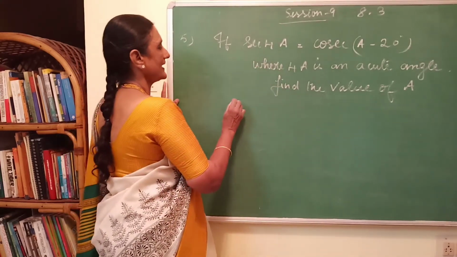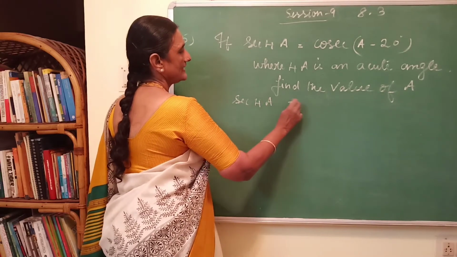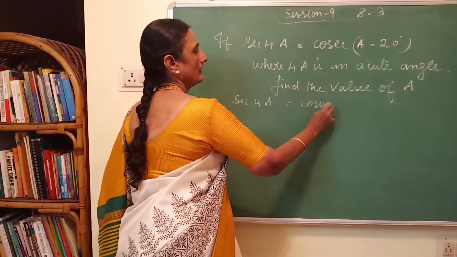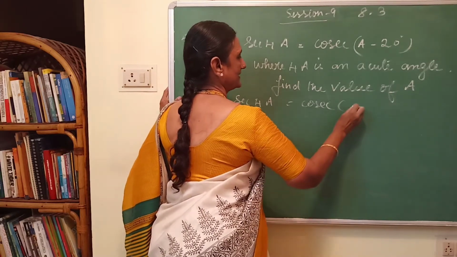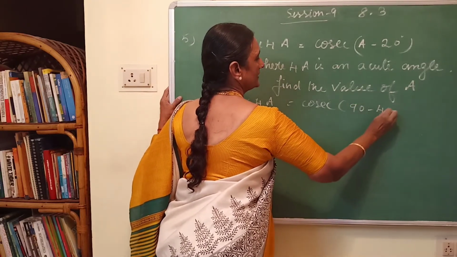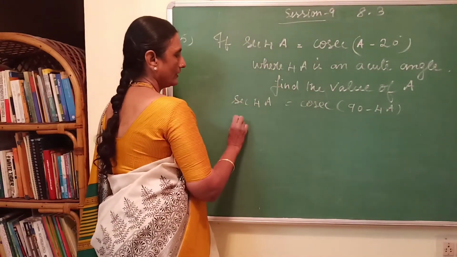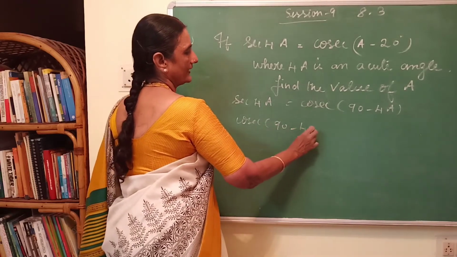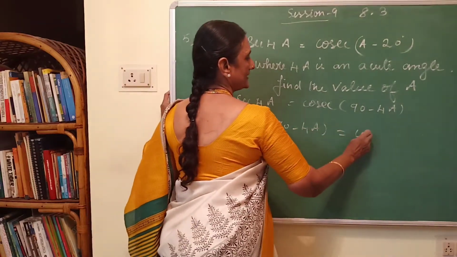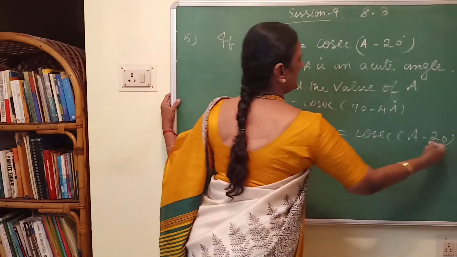Now, secant of any angle is equal to cosecant of its complement. So, it must be equal to 90 minus 4A. Therefore, cosecant of 90 minus 4A is equal to cosecant of A minus 20.